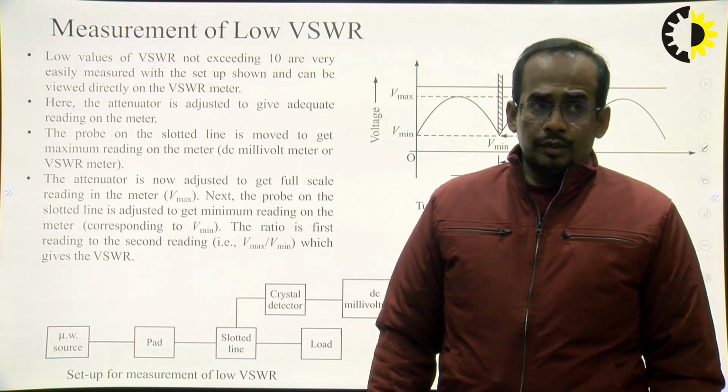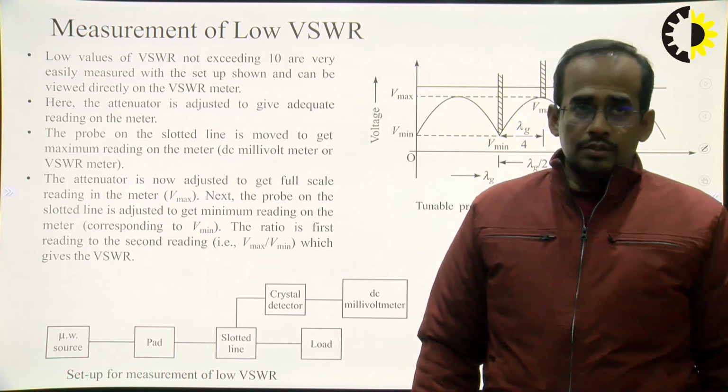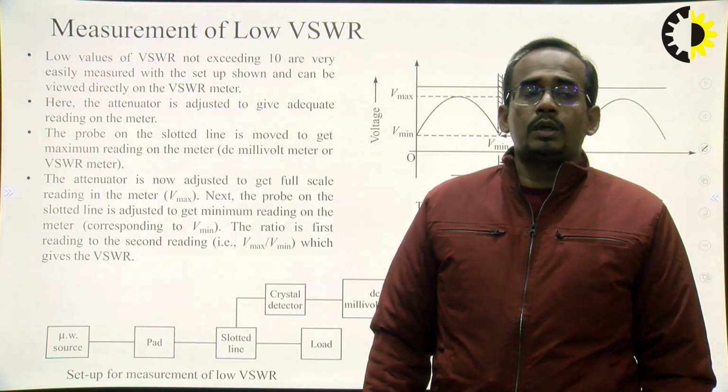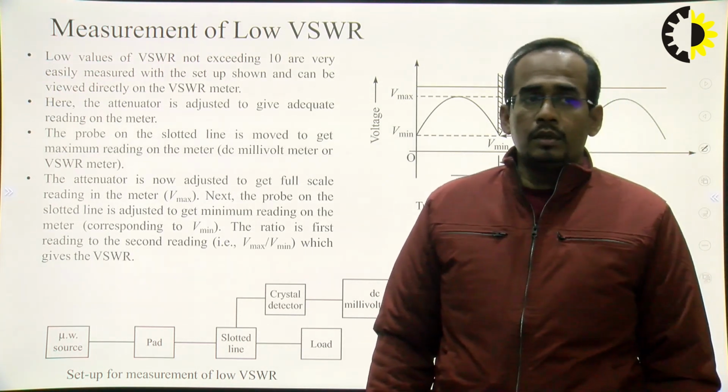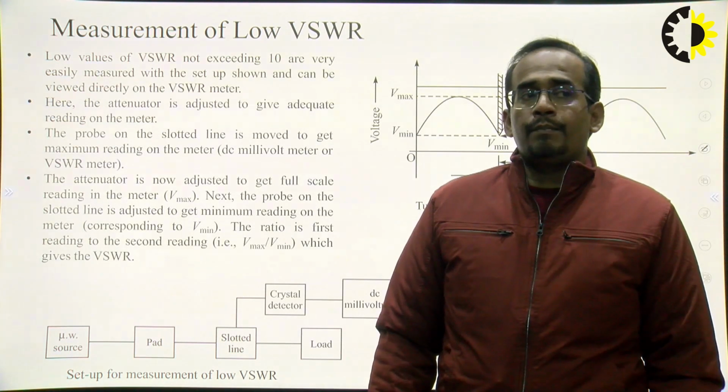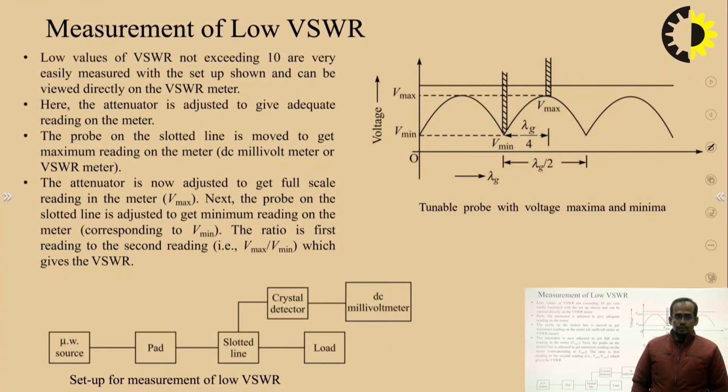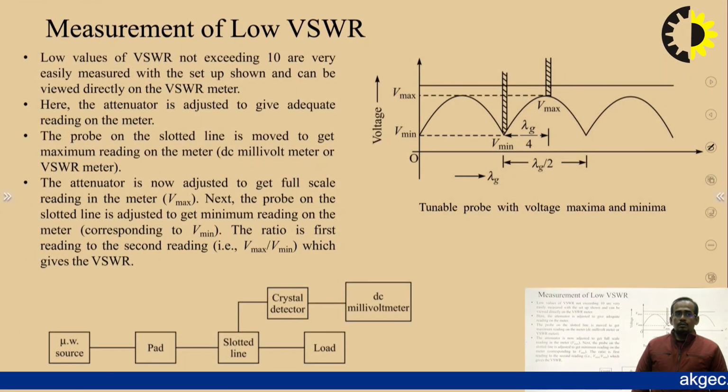The attenuator is adjusted to get the full scale reading in the meter, that is V maximum, and the probe on the slotted line is used to get the minimum reading on the VSWR meter or DC voltmeter.